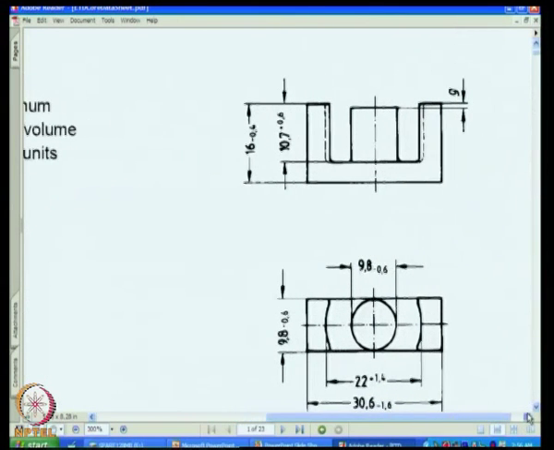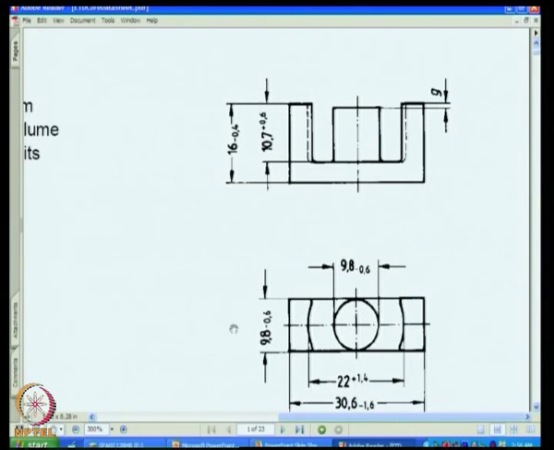So, you can see that this core has a shape of E, the front view and the top view, and this is a central post around which the winding is organized, and these are the two side limbs, and we put two such cores, another E inverted and put on top of that, to make the complete magnetic circuit. In the central limb the primary and secondary are wound, and these are the side limbs, and the dimensions are given here.